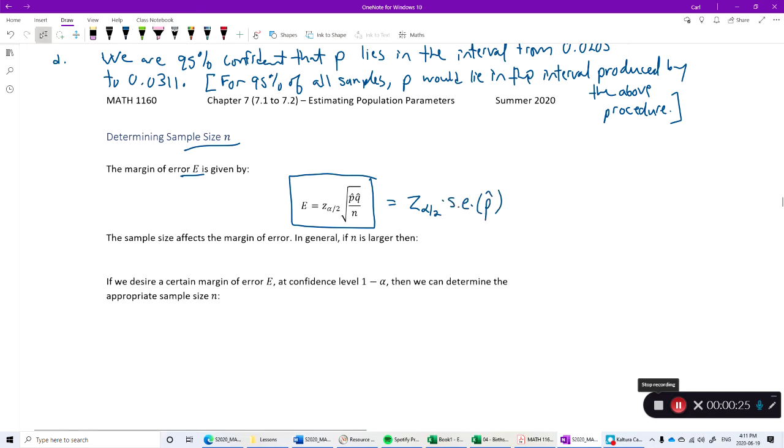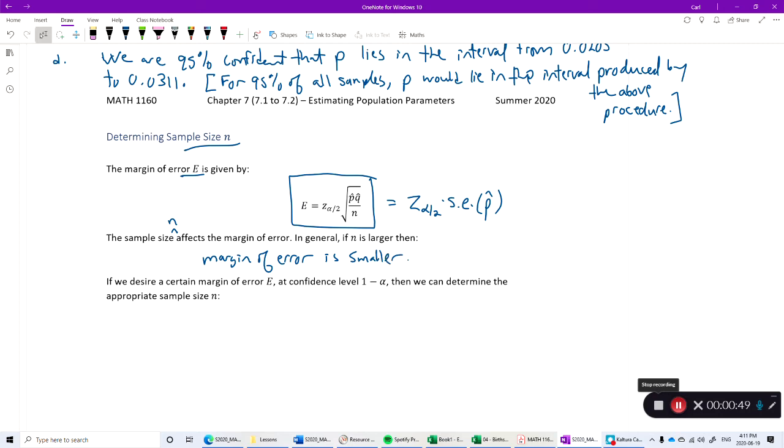Now you can see that the sample size n affects the margin of error, right? If n is larger, then I divide by a larger number, and the margin of error becomes smaller.